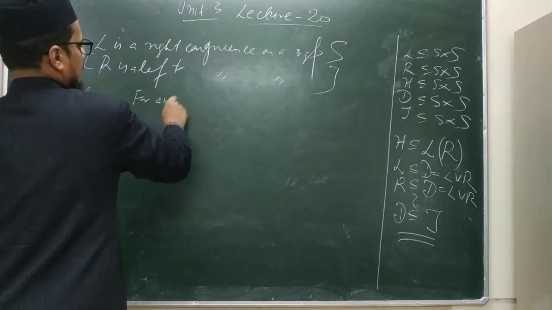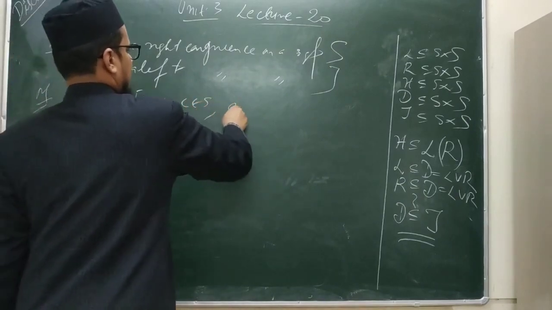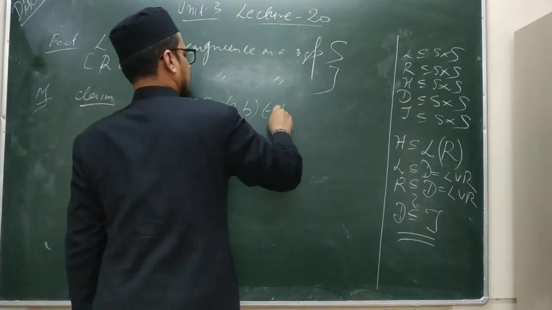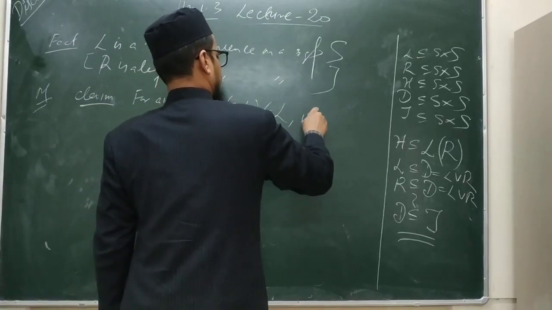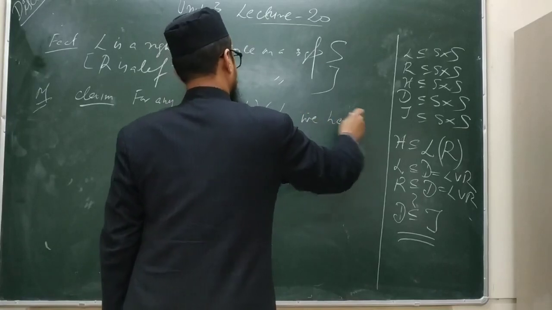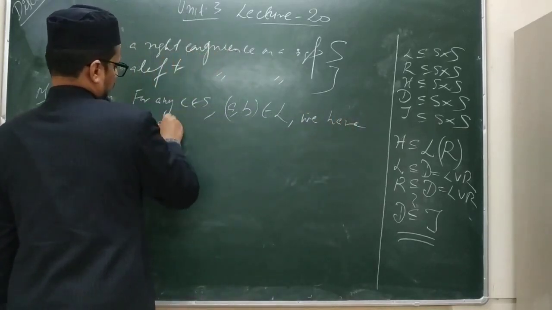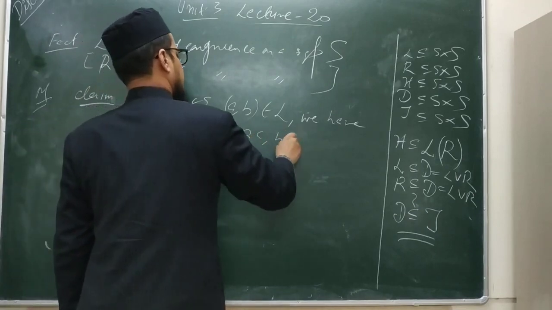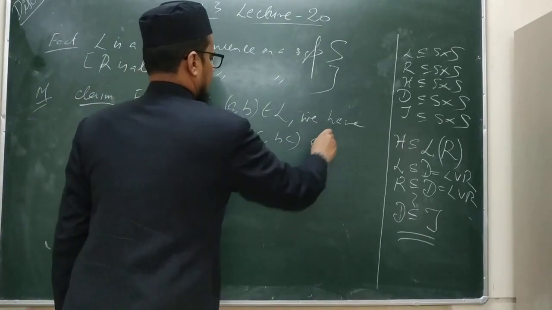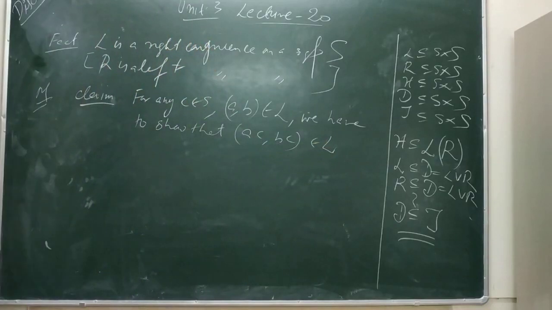For any C belongs to S and A, B belongs to L, we have to show AC, BC belongs to L. Basically, we have to show this, correct?